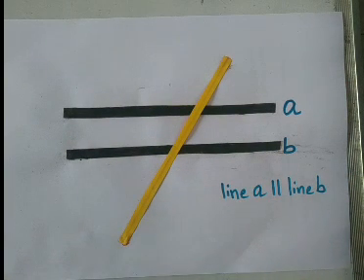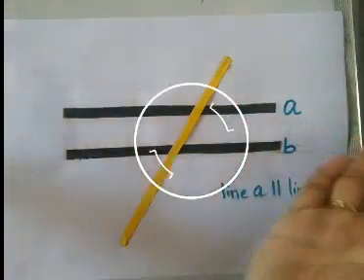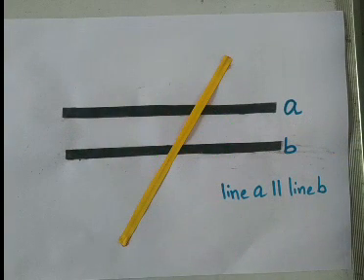So two lines which are lying in the same plane but do not intersect each other, even on extending them from both sides, such lines are called parallel lines.